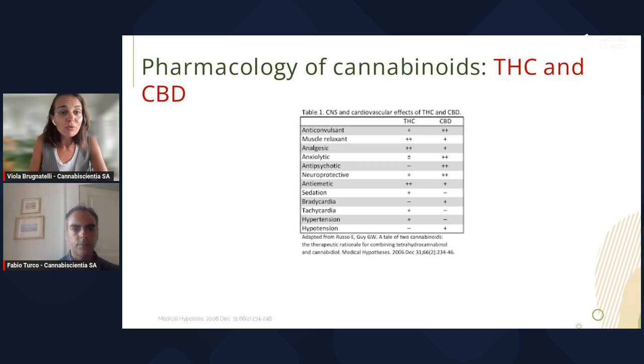Those are the 2 molecules we are going to be focusing on today, and next Tuesday we will be looking at CBD. So these are the only 2 molecules actually recognized for medical purposes.